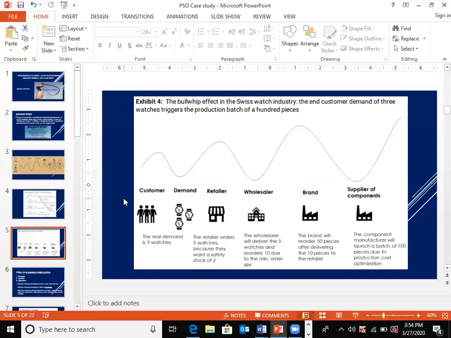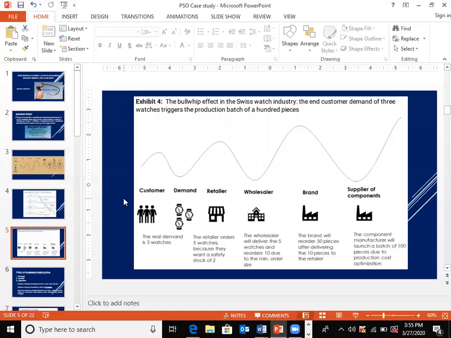But anyhow, there's some customer and they're demanding 3 watches. And so they place this order, and at the retailer, they go to the shop and place an order for 3 watches.